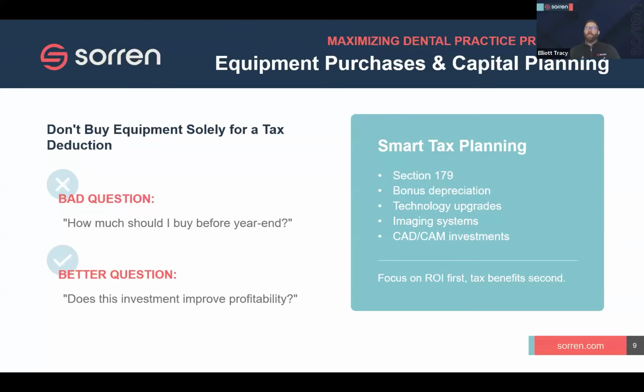I don't love buying equipment just to buy equipment. And a good example, in a brand new practice, somebody walks in, they acquire the assets of somebody else's practice. So you buy the equipment, you buy the goodwill, you buy the patient records, these things that you buy when you purchase a practice. Those items in the first year, some of them can be depreciated right away.